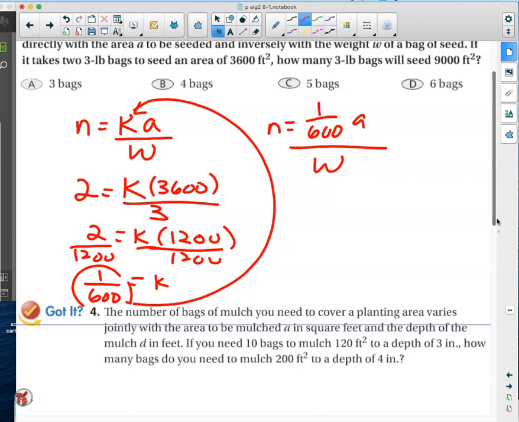We're supposed to find N, how many 3-pound bags. Well, now I have to figure out where the 3 goes again. Where's it go? Bottom, W. Seeds 9,000 square feet. Where's the 9,000 go?